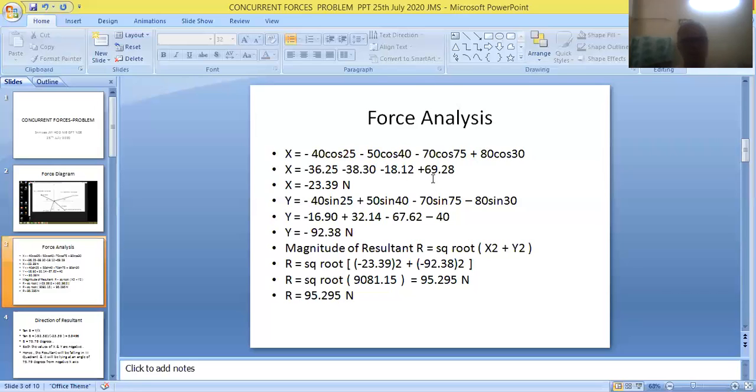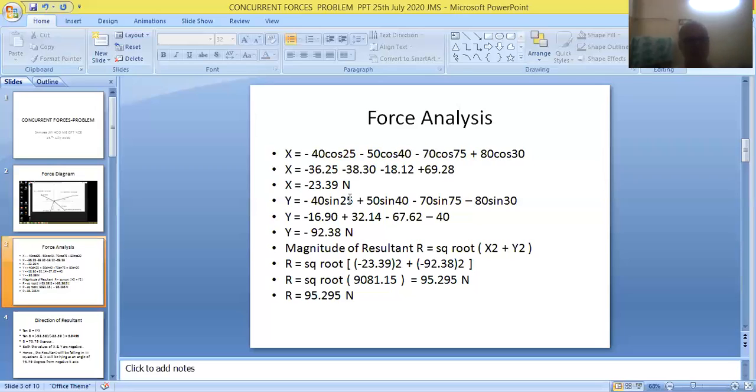So let us find out the value of sigma x. It is obtained as 43.39, a negative value. We have more negative values, so ultimately we are getting a negative value. So sigma x, friends, is obtained as 23.39 newtons.